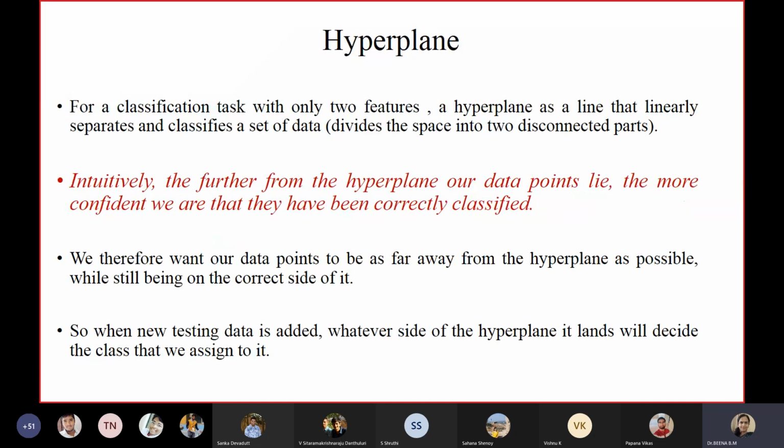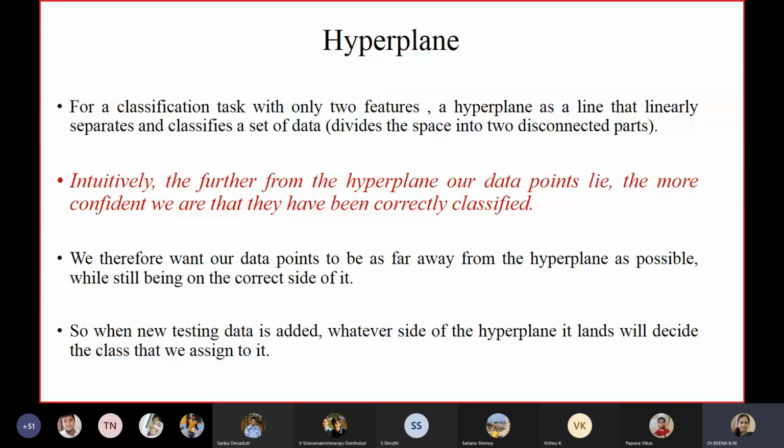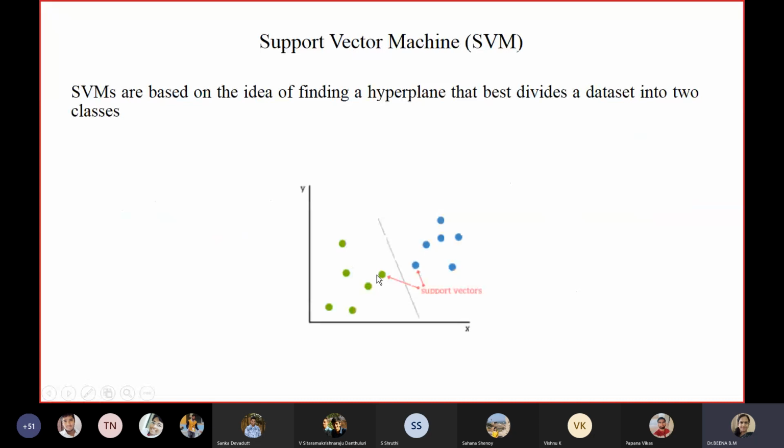What exactly is a hyperplane? A hyperplane is a line that segregates the data sets into different classes. It divides the data space into two disconnected parts. Intuitively, the further from the hyperplane our data points lie, the more confident we are that they have been correctly classified. It means the distance between these two points, the line between them, should be large enough.